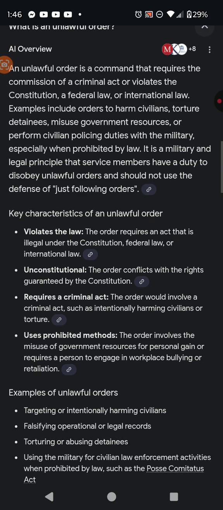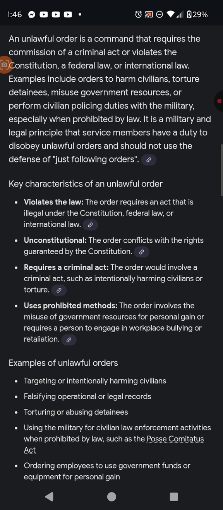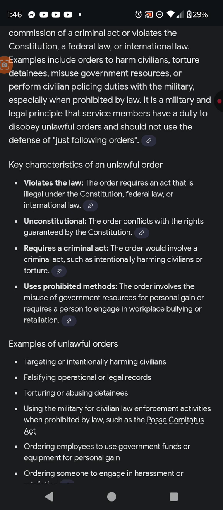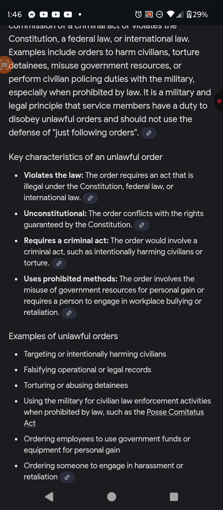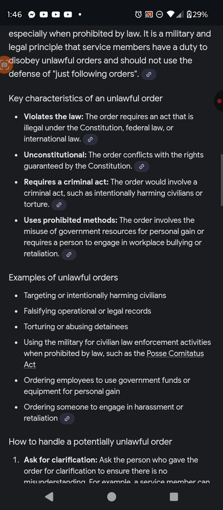Key characteristics of unlawful orders: violate the law. The order requires an act that is illegal under the Constitution, federal law, or international law. Unconstitutional. The order conflicts with the rights guaranteed by the Constitution. Requires a criminal act.